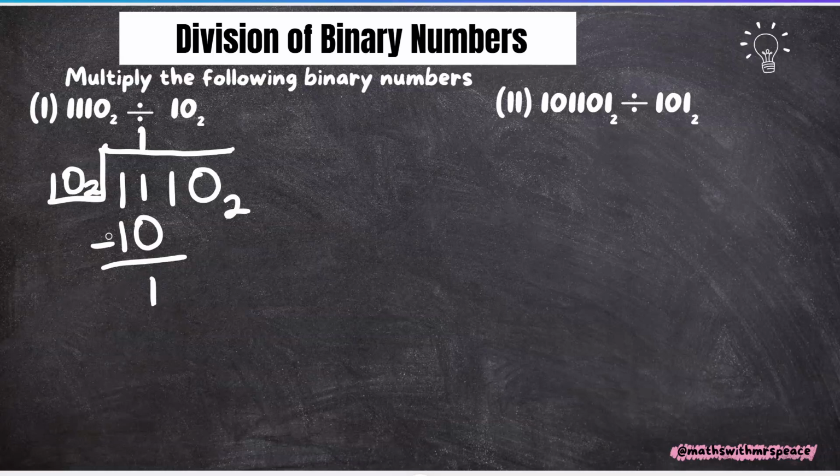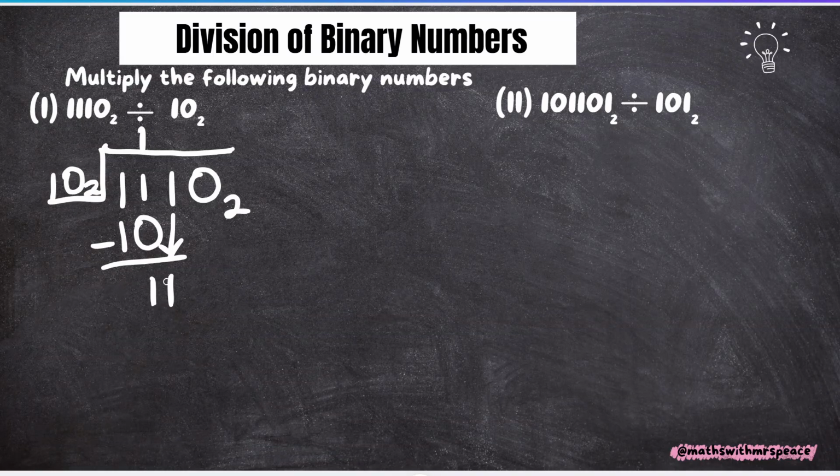Now 1 divided by 10 cannot, so I'm going to bring down 1. Bring it down here, and then I have 1, 1. Again, we repeat the process of divide, multiply, and then subtract.